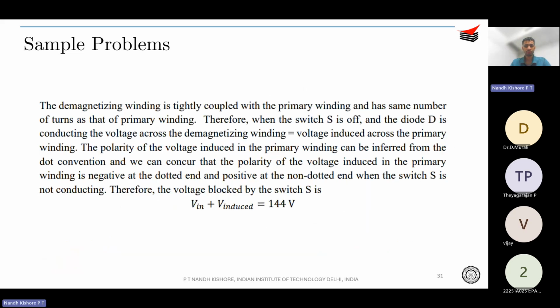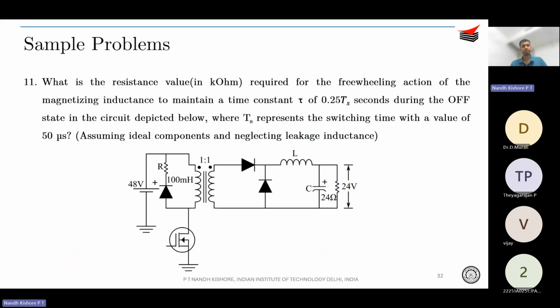Okay. So we'll just go ahead to the next question. What is the resistance value in kilo ohms required for the freewheeling action of the magnetizing inductance to maintain a time constant tau of 0.25 ts seconds during the off state in the circuit depicted below, where ts represents the switching time with a value of 50 microseconds.